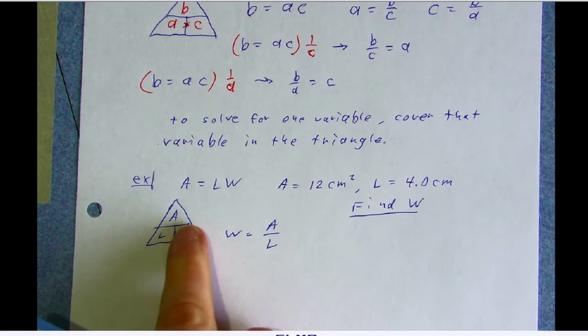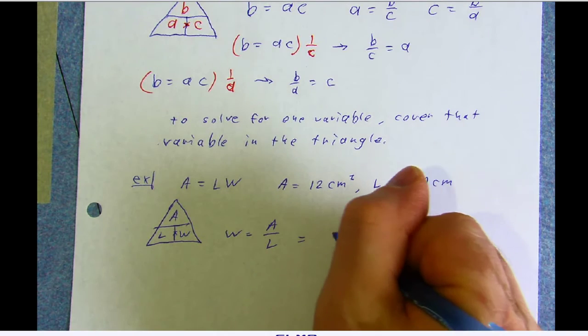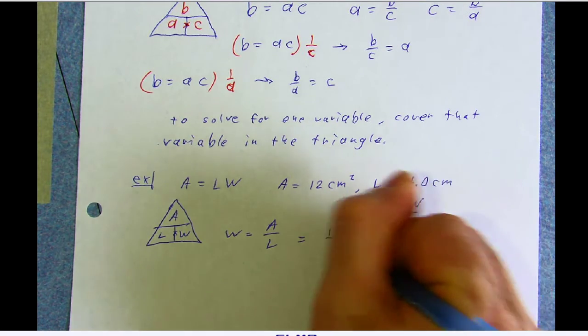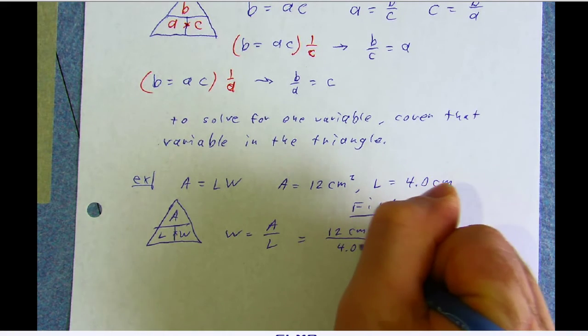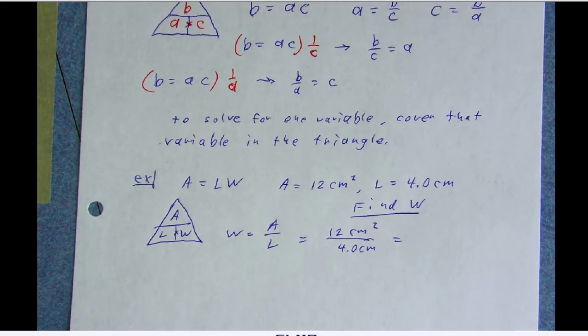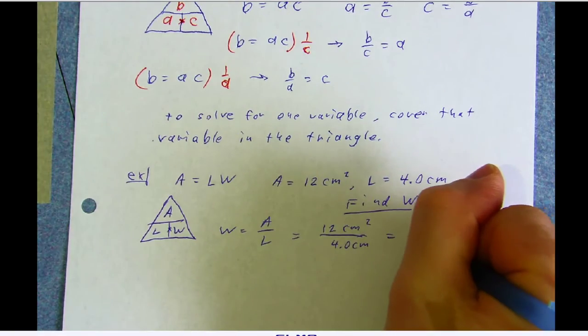So we'll write that out here. We covered W. This is the one we wanted to find. We see it's A divided by L. And this is going to equal 12 centimeters squared over 4.0 centimeters. Don't forget your units here. If you do the math, 12 divided by 4 is 3.